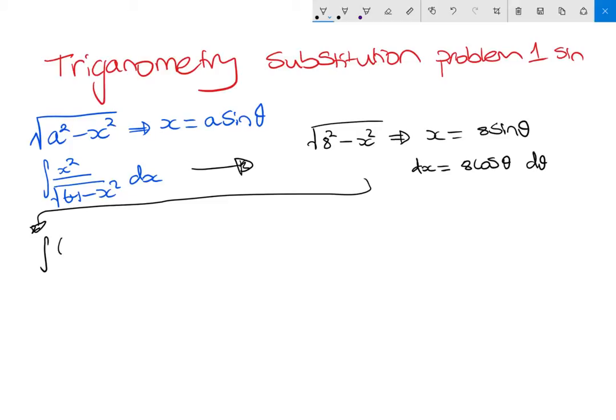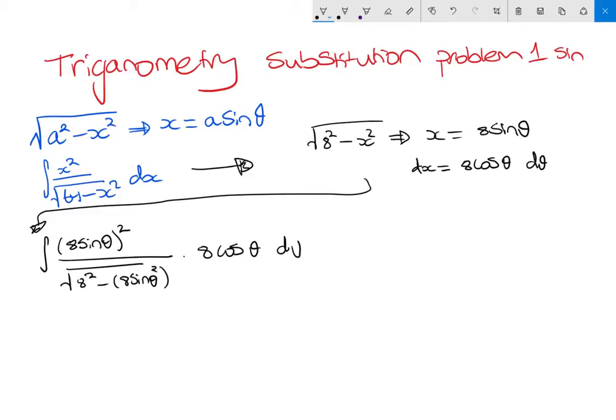Inside this bracket it's going to be 8 sine theta squared, over 8 squared minus 8 sine theta squared, and then this will be times 8 cos theta d theta.